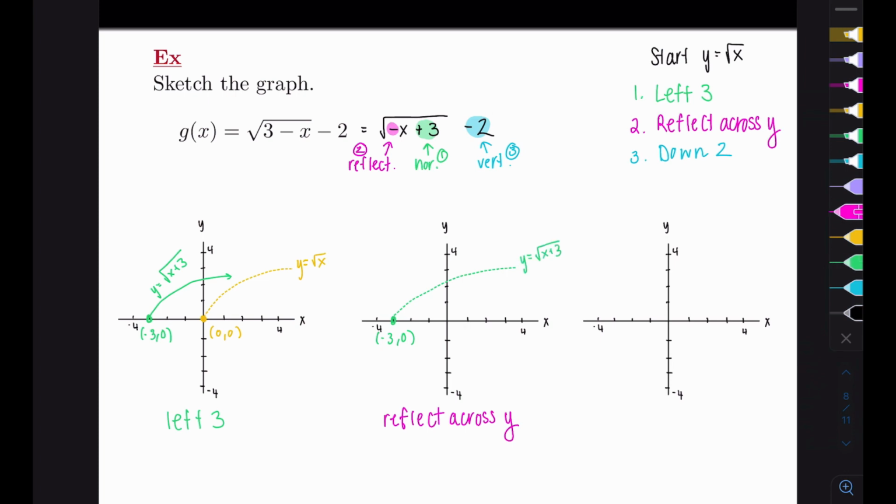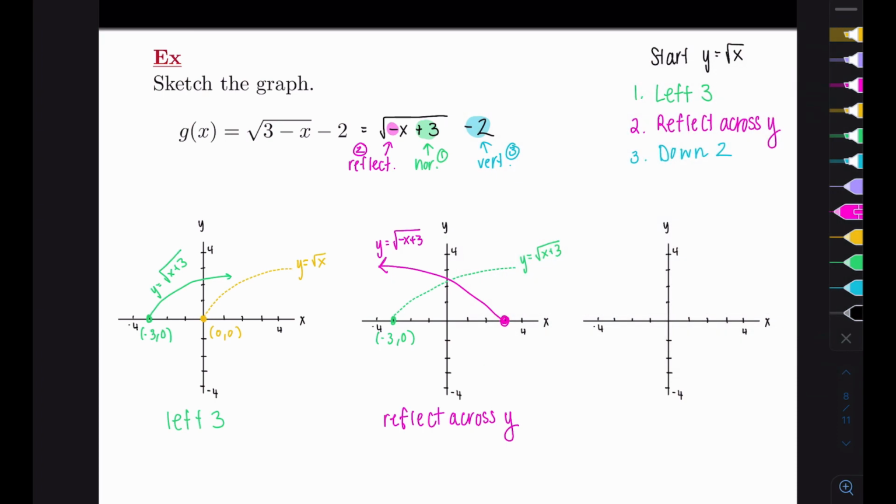To reflect it across the y-axis, this point at negative 3, 0 would get moved to positive 3, 0, and then our graph would go in the opposite direction. So again, if you were to cut this right down the middle, you would see folded up, you have the same picture. So that's its reflection. So this right here would be the graph of just negative x plus 3 inside the square root. Right?